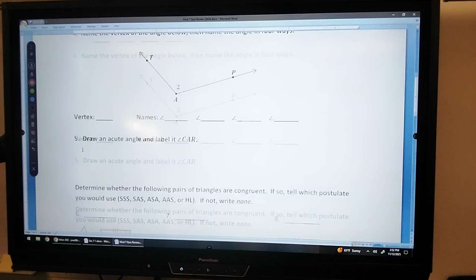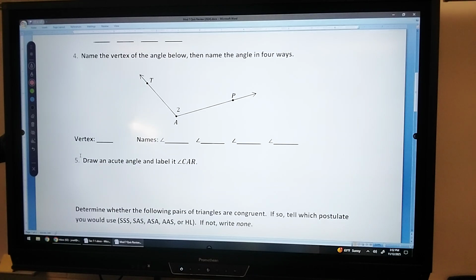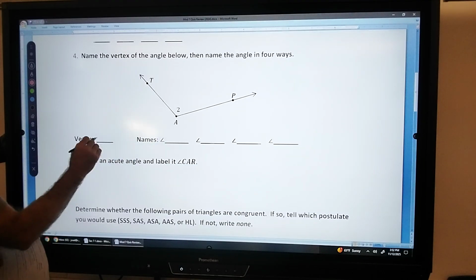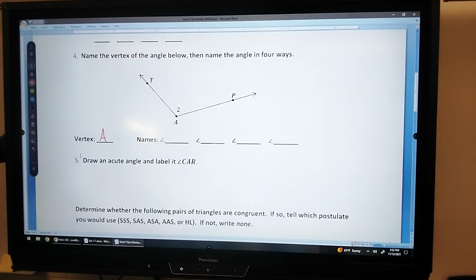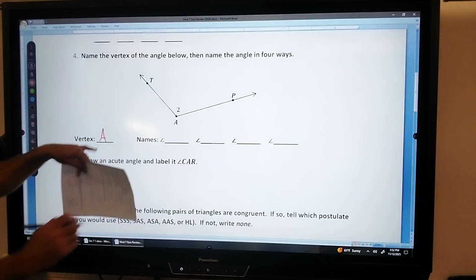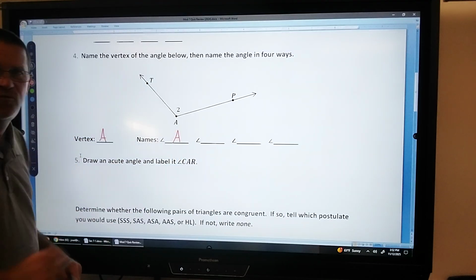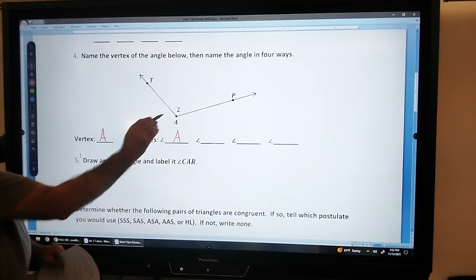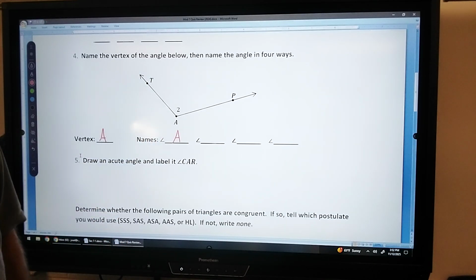Number 4, name the vertex. Let's start with that. So here's your picture. Name the vertex. First of all, the vertex is going to be a letter A. That is your vertex. And then it says you're going to name the angle 4 different ways. Well, this is actually one of the 4 ways. So we just put capital A right there. Next option is simply to look at the number that they have inside.